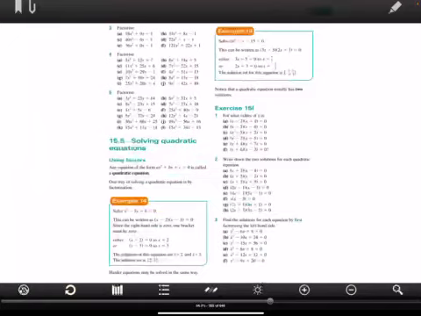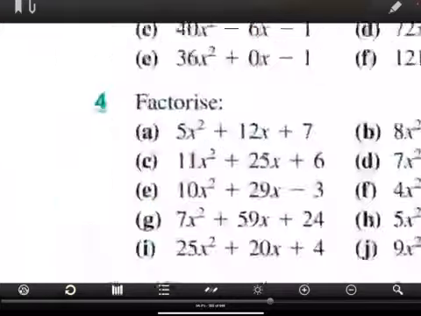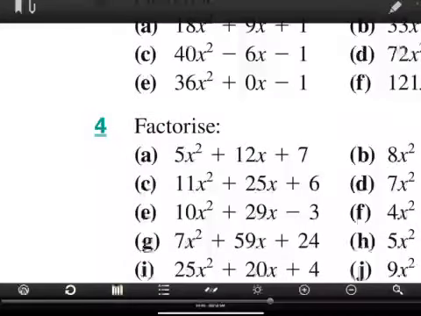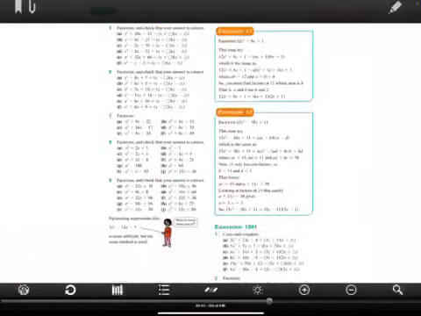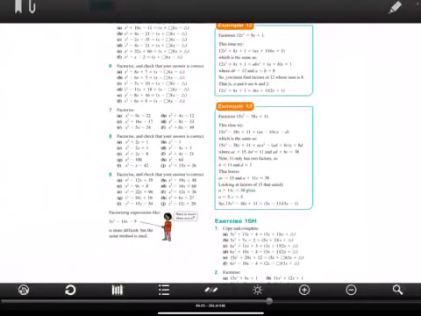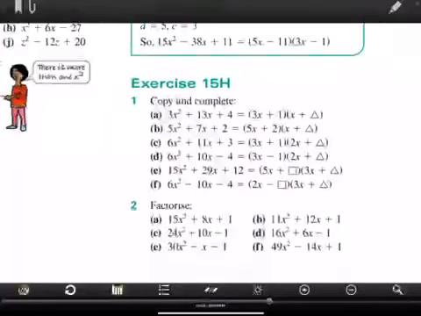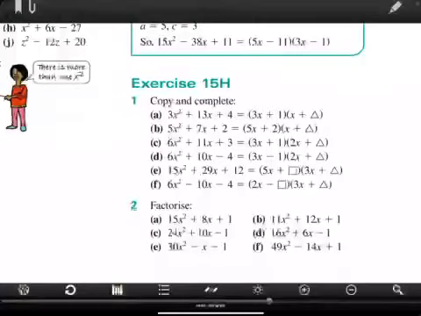And now we are going to factorize the thing you have been waiting for a very long time, when you have something greater than 1 in front of x squared, like 5x squared or 36x squared. Three x squared plus 13x plus 4.